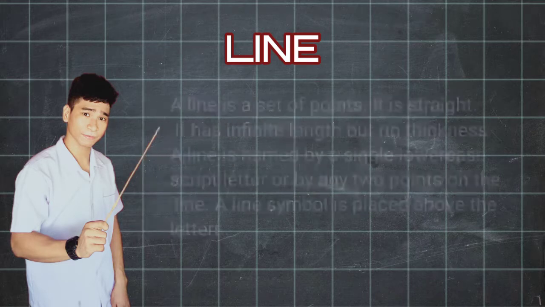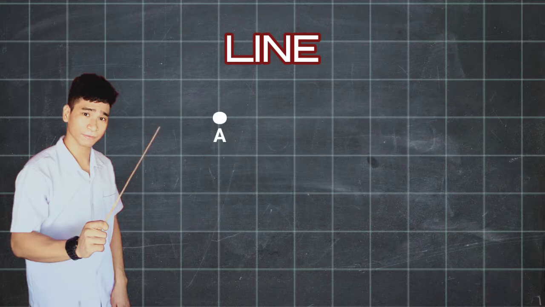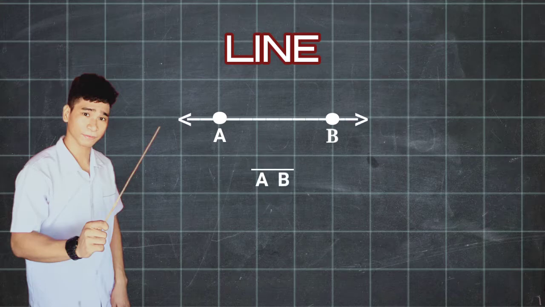For the example, point A and point B is equal to line AB. So it means point A and point B are the locations or points to create one line. One line is equal to 2 points.